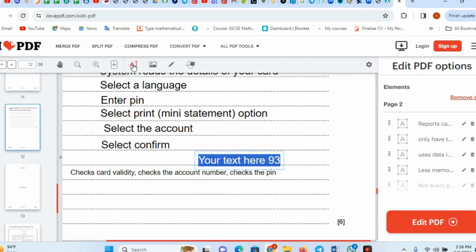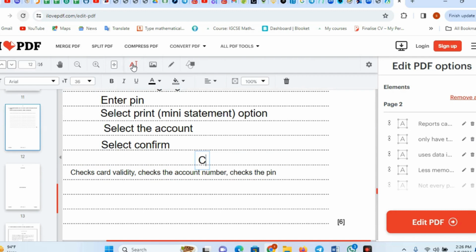It checks the correct account selected. Then what else?